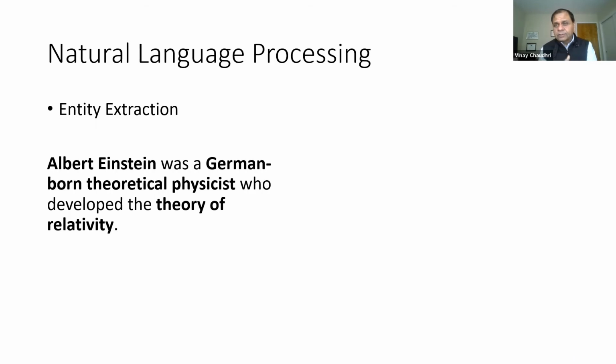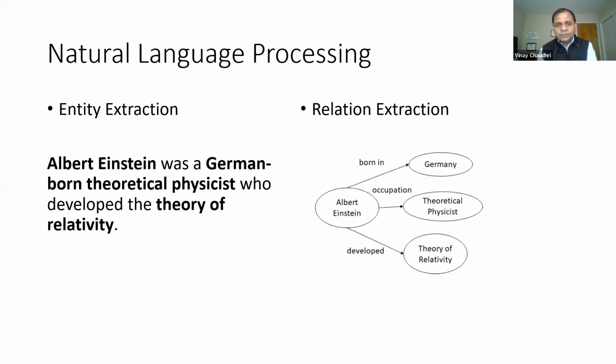Obviously, we not only want to do entity extraction, we also want to extract relations between the entities. So given a sentence like this, we can extract relations such as Albert Einstein was born in Germany, the occupation was theoretical physicist, and he developed a theory of relativity.